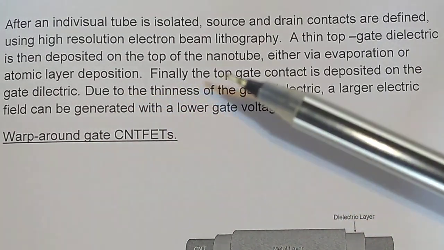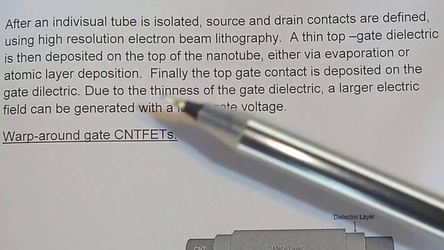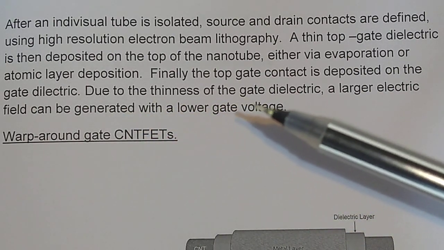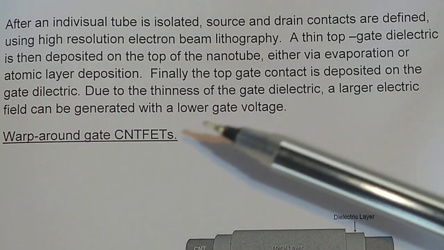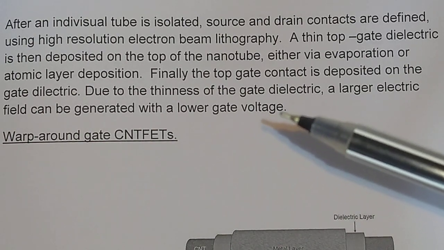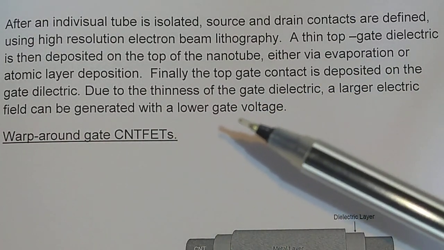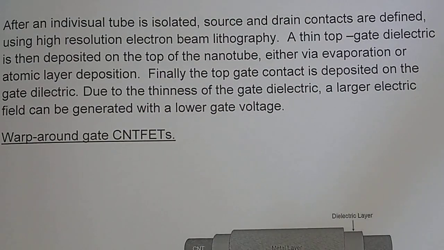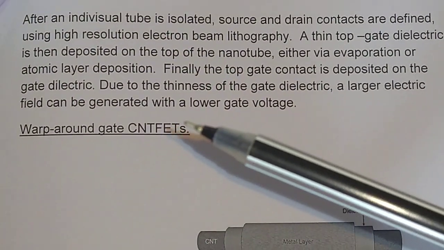Finally, the top gate contact is deposited on the gate dielectric. Due to the thinness of the gate dielectric, a larger electric field can be generated with a low gate voltage. So, you get a large electric field with a low gate voltage using a top gate carbon nanotube field effect transistor.